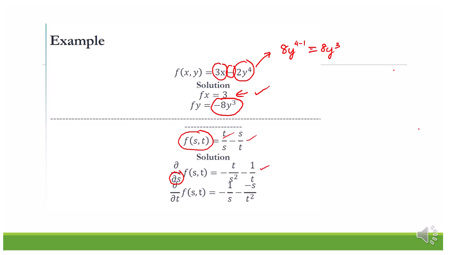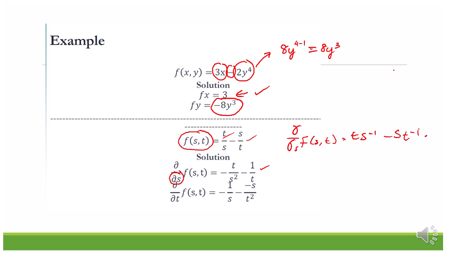How we do this is that we write f(s, t) as t multiplied by s to the power of negative 1.